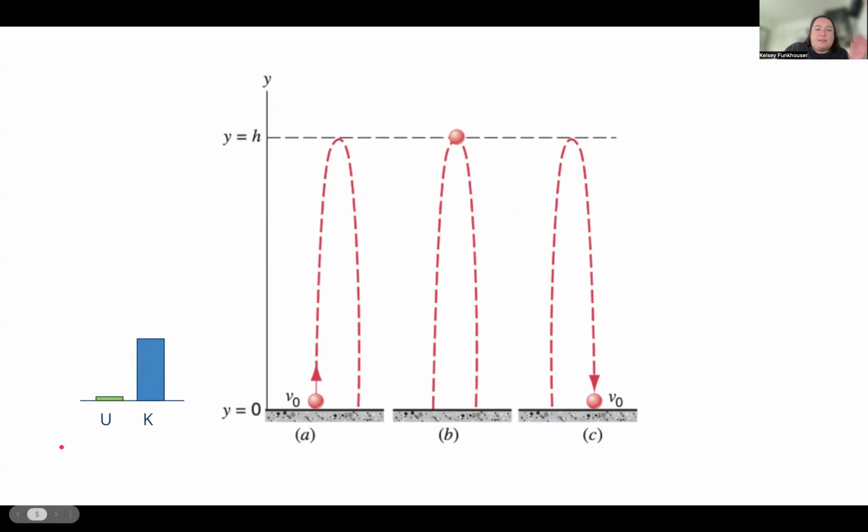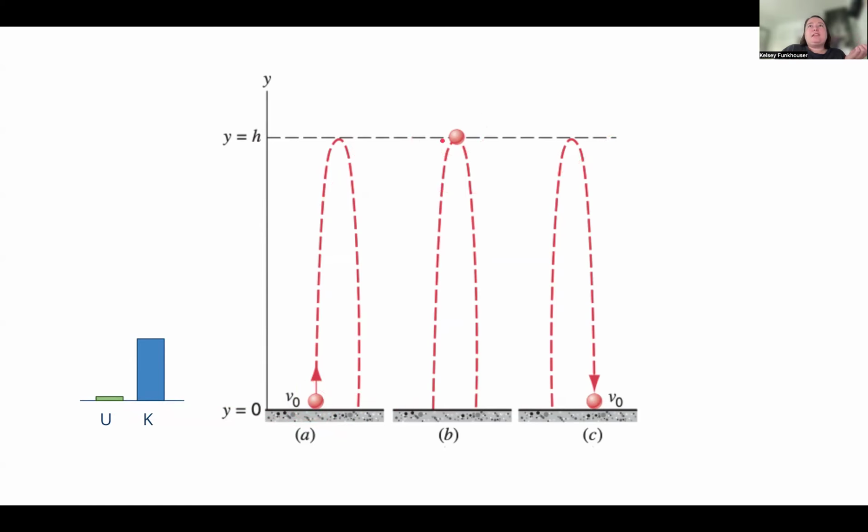I didn't want it to disappear all the way, but that's 0. So we're starting here, just looking at the initial position. Initially we're at a height of 0, so the gravitational potential energy is 0. But then we have an initial velocity. So what we end up with is our maximum kinetic energy and our minimum potential energy.